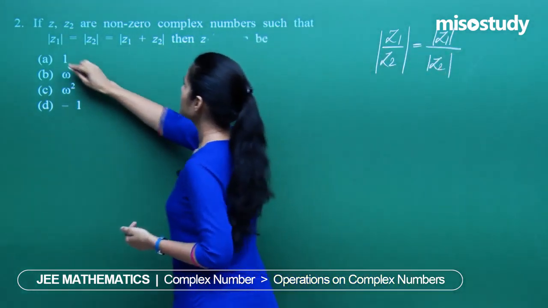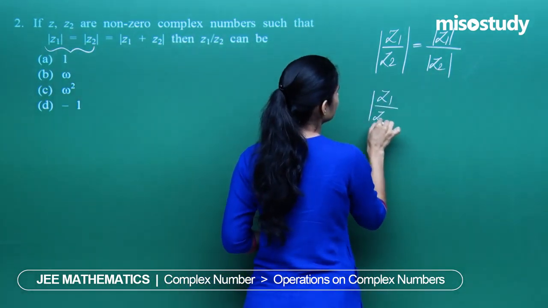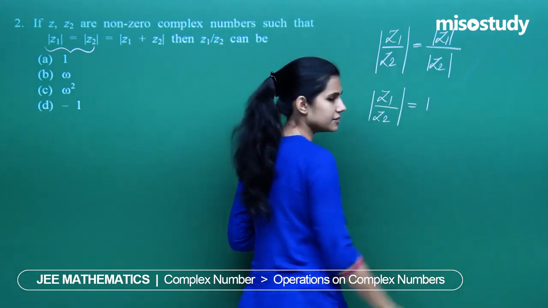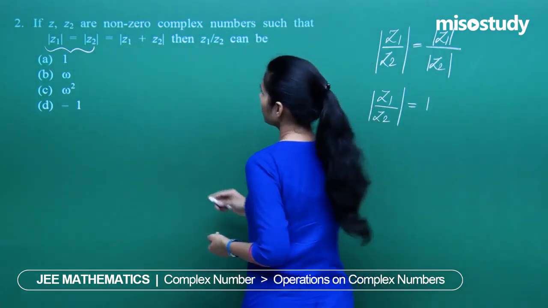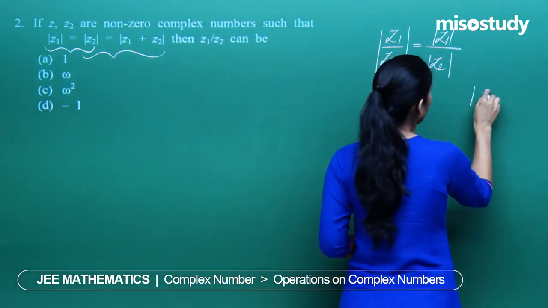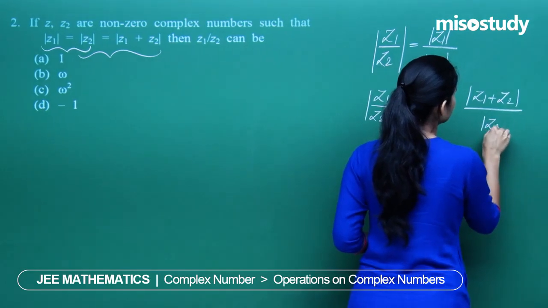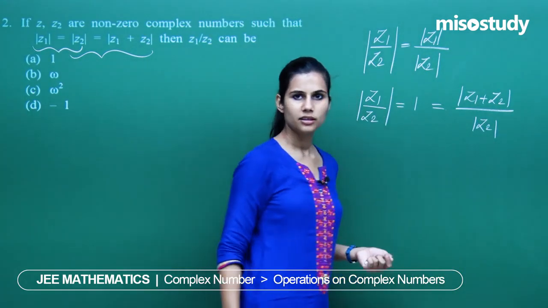So if you are given this, it means mod of Z1 by Z2 is actually 1. And you are also given this, that means mod of Z1 plus Z2 upon mod Z2 is 1.